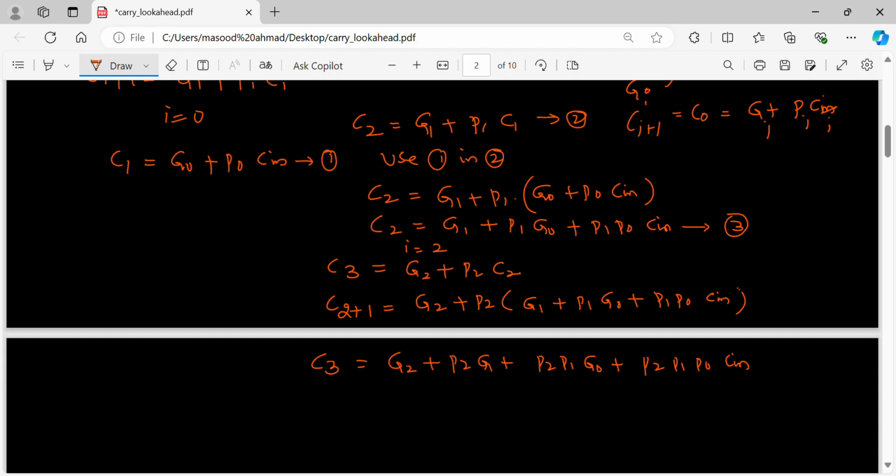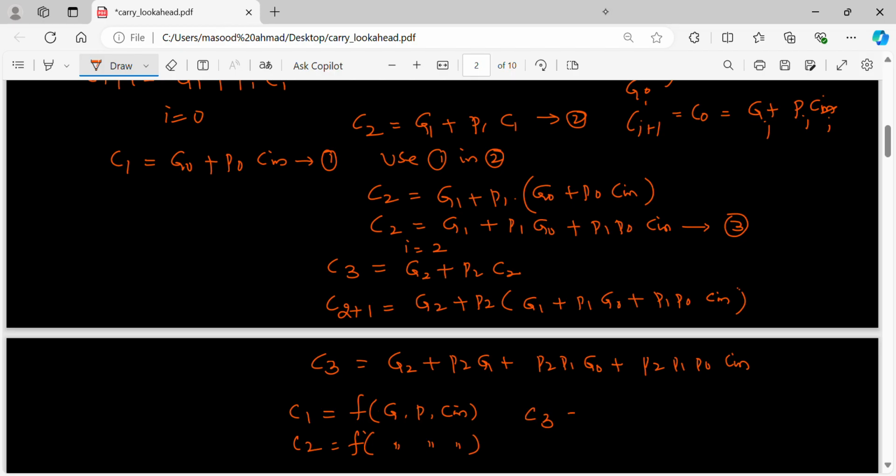What is the beauty of this expression is, if you look at C1, it is a function of Cin. If we look at C2, it is also a function of Cin. The expressions depend on generates, propagates, and Cin.